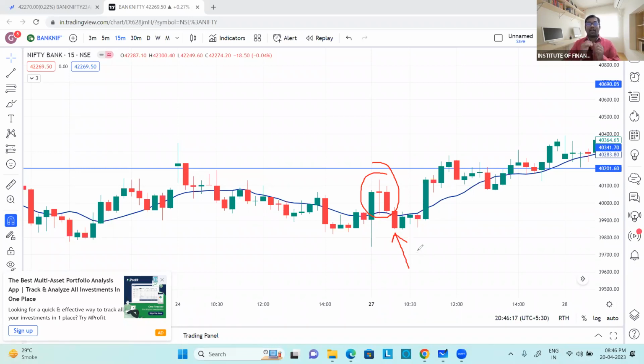The reason is it has not crossed the low of this. Signal is okay, candlestick pattern is okay, but how powerful it is, based on the power of the signal you need to take the positions, right? So all these candles never closed below this, that's the reason उसका power नहीं है.